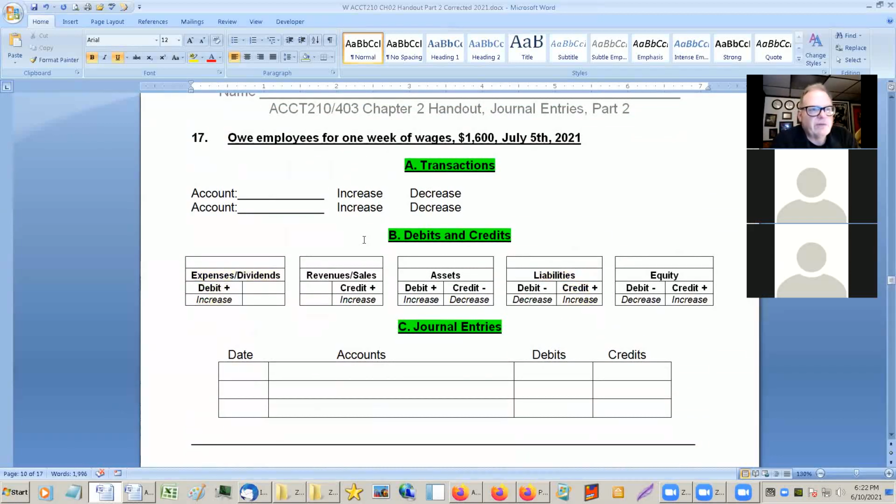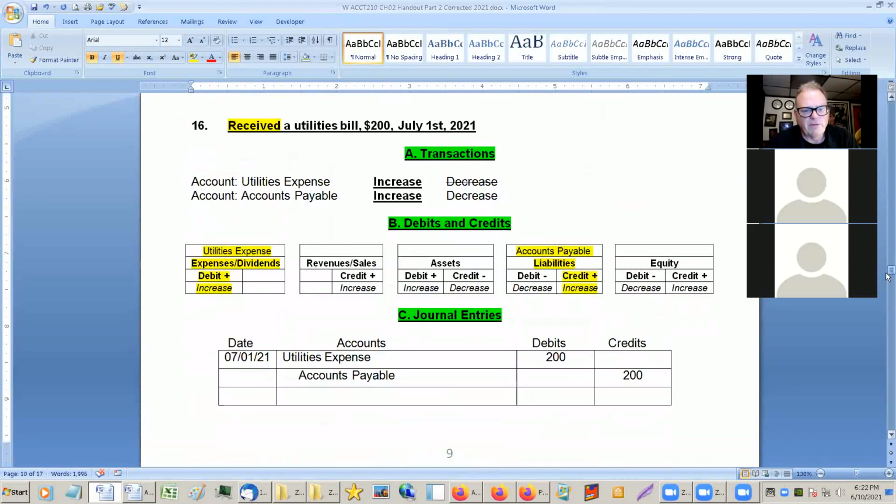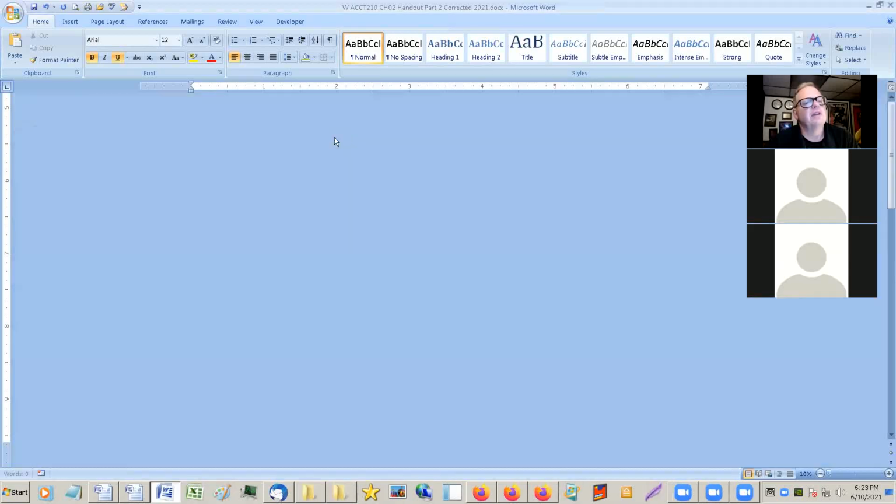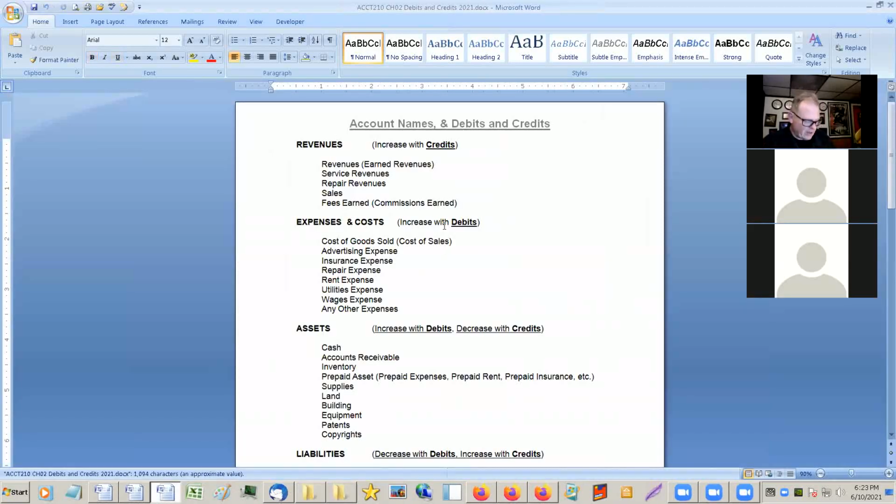Okay, employees for 1 week of wages, $1,600, July 5th. By the way, one of the things a little bit confusing is just knowing what kind of accounts are generally used a lot. And that's why on the second to last page, you have something that looks like this.